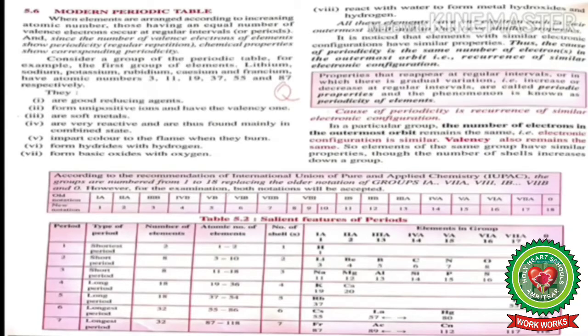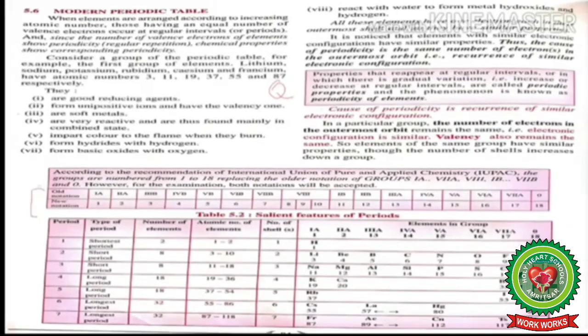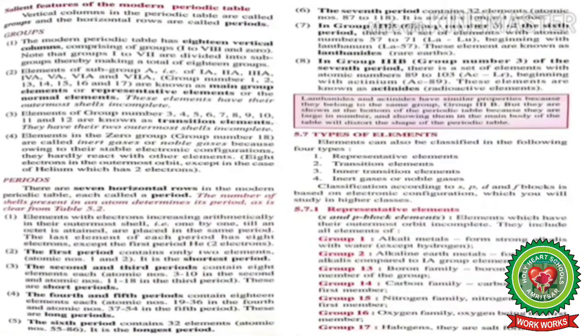However, for the examination, both notations will be accepted. Here a table is given showing the old notation and the new notation. Then Table 5.2 shows the salient features of periods: how many elements are there in the period, the atomic numbers of the elements, and the number of shells.